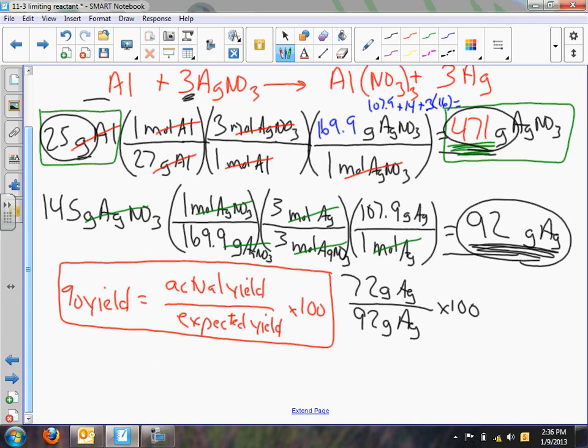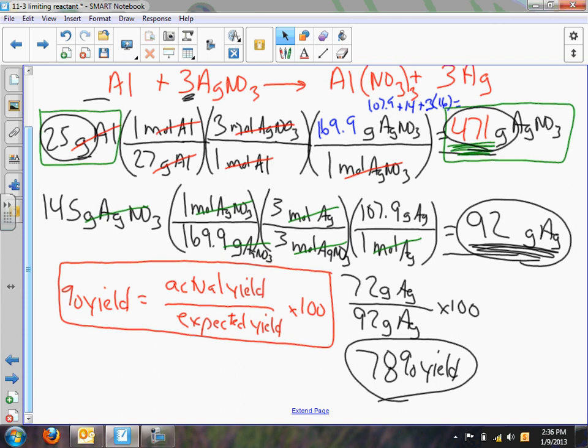Divide those, take it times 100. Notice the units cancel out. And you get a 78% yield. Your yield always has to be 100 or less. You can never make more than what you should get.